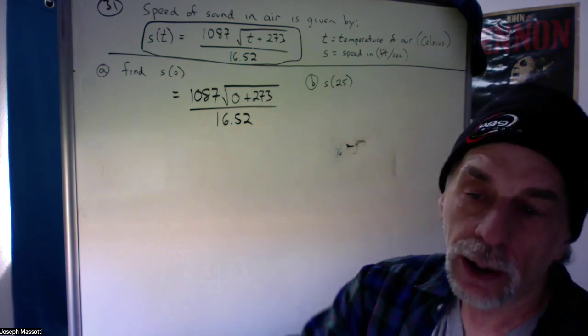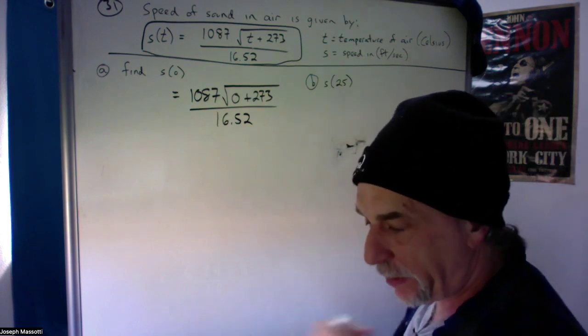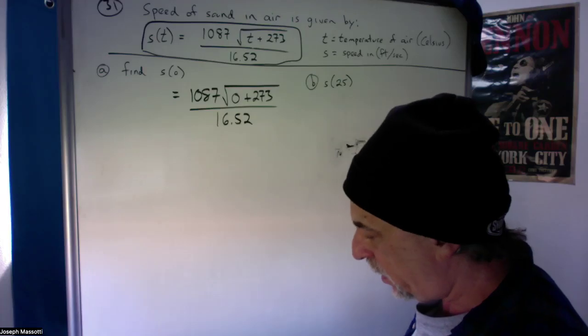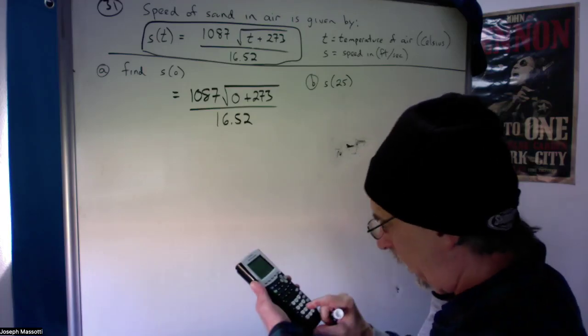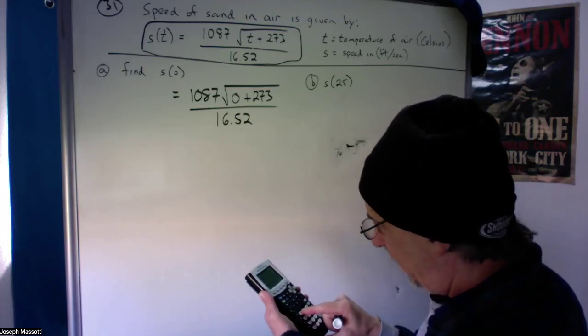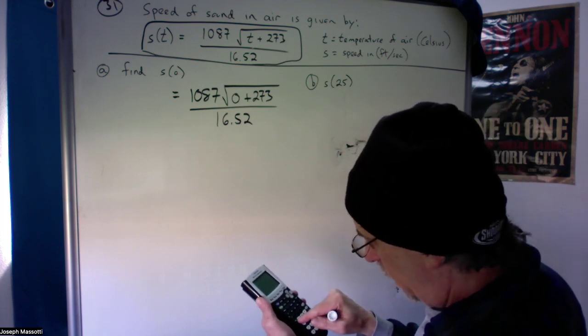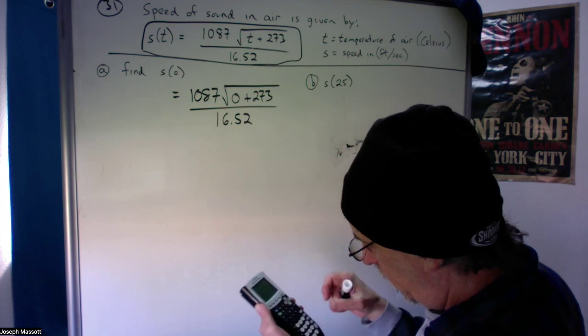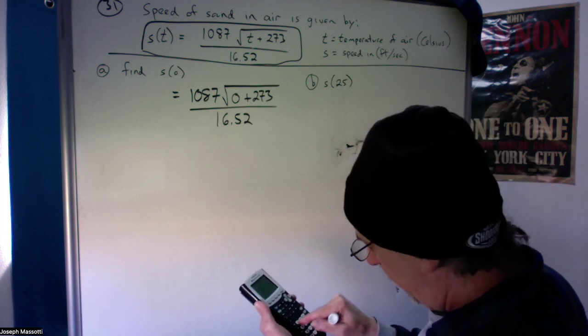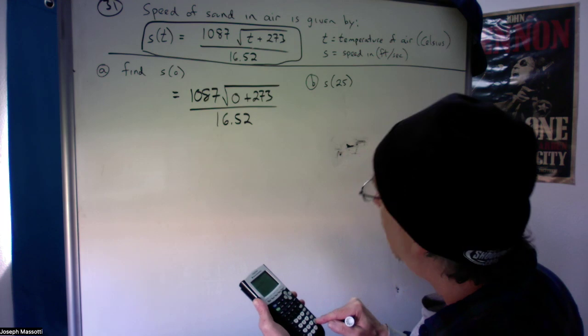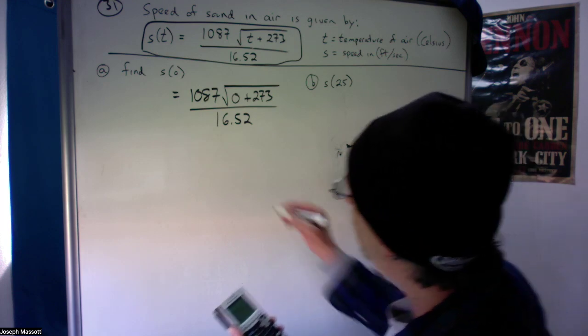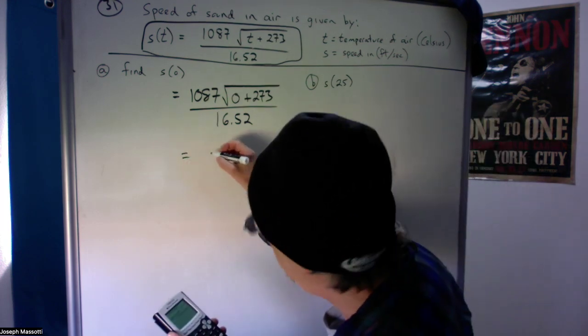16.52. All right, so we get our handy dandy calculator, we put our glasses on, and we calculate that. 1087 times the square root of 273. I'll give you the numerator there so you can kind of check.